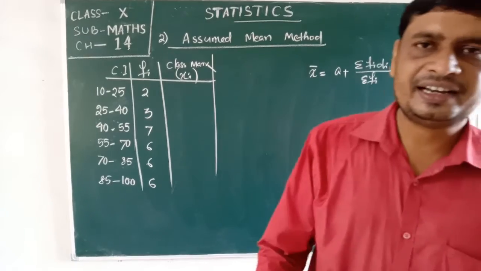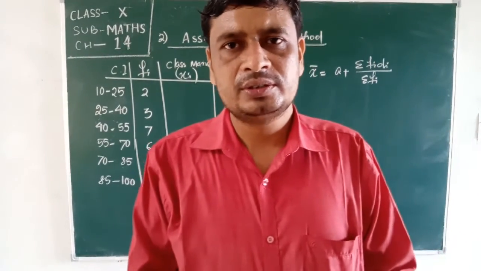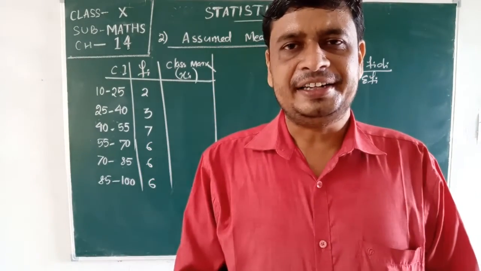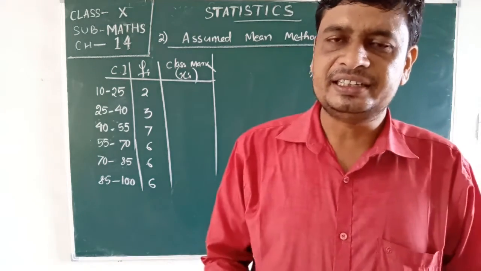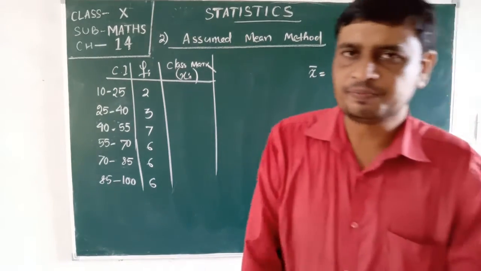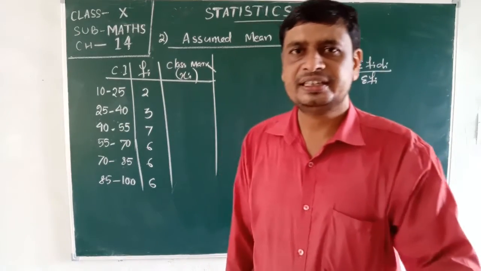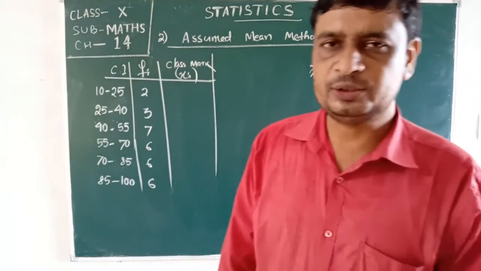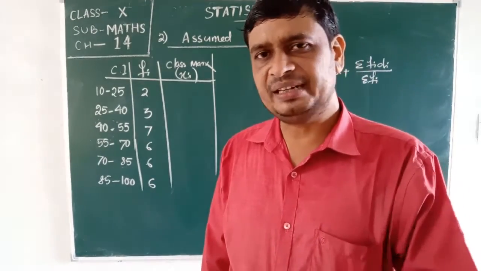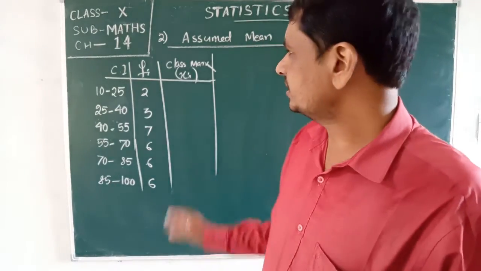Class mark can be found by adding both the upper limit and lower limit and dividing by 2. When upper limit and lower limit are added and divided by 2, that is the average of upper limit and lower limit, we get class mark.